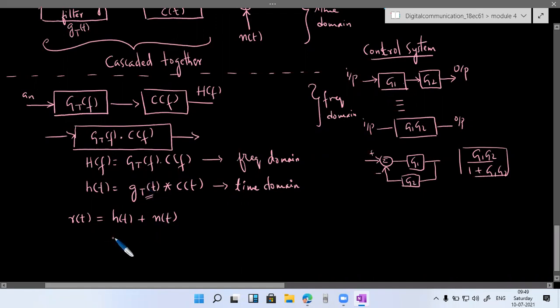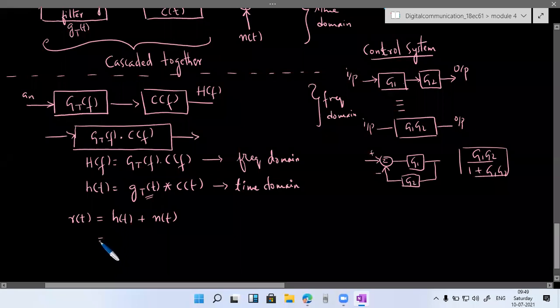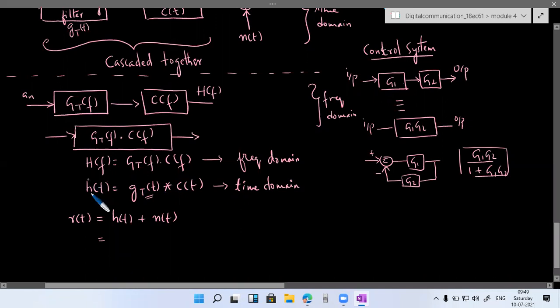Now what I can do is substitute. In place of H of t, I can substitute this entire thing: G_T of t convolved with C of t plus N of t.